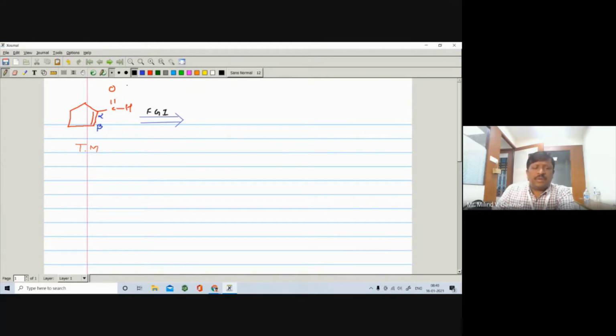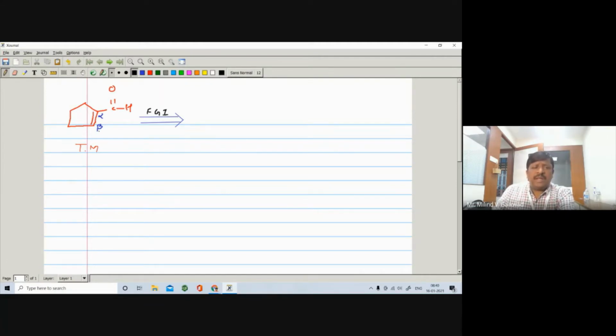When disconnection of the target molecule which contains a functional group is not possible, then you can prepare that compound from another compound. It means you convert that functional group into another functional group. So it is called FGI or functional group interconversion.